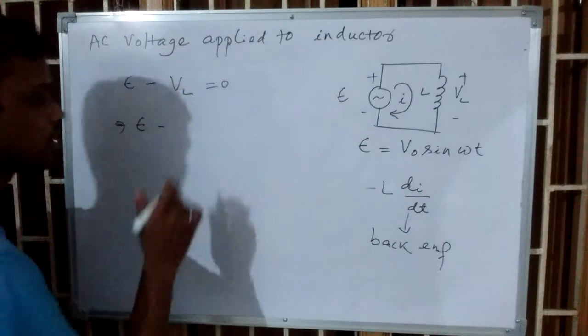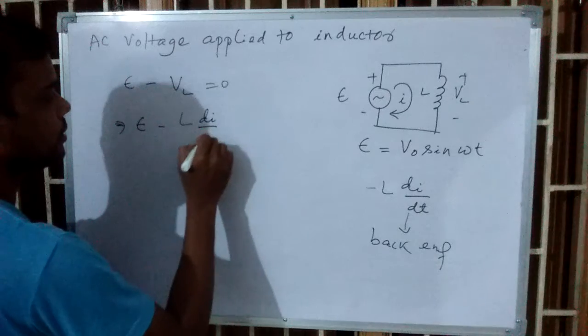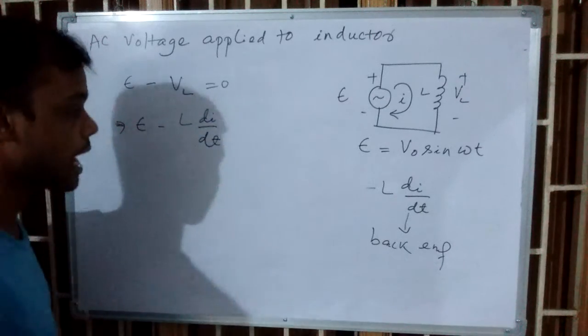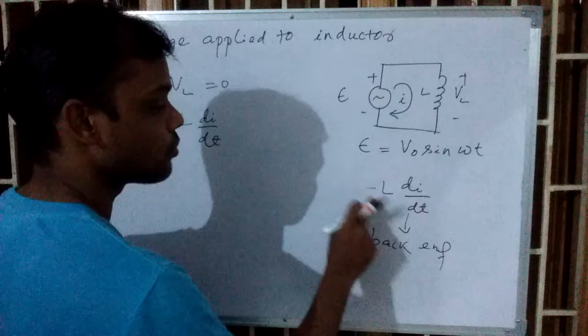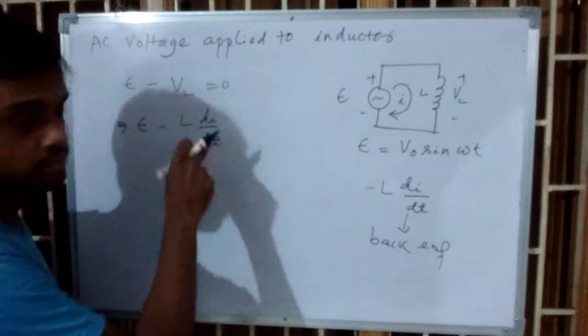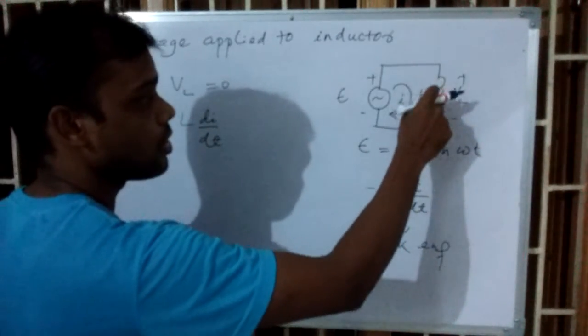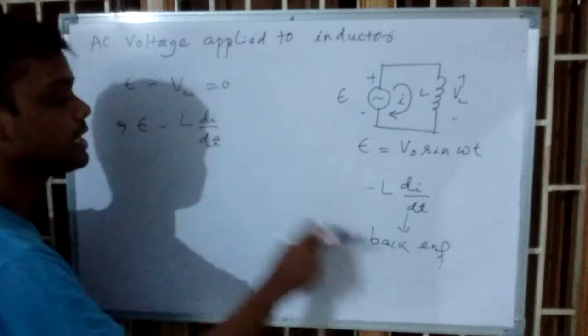So I have to write here L di by dt. I will not put the minus sign, because this minus sign is only because it is a back EMF. But I am here interested in the drop. What is the drop across, or the EMF generated here? That is L di by dt.